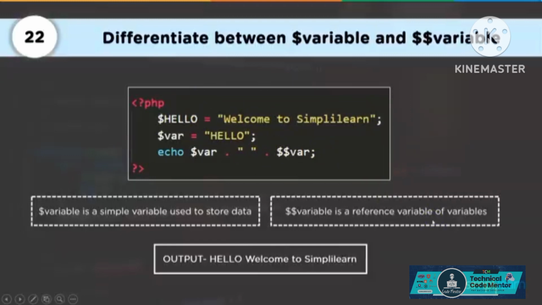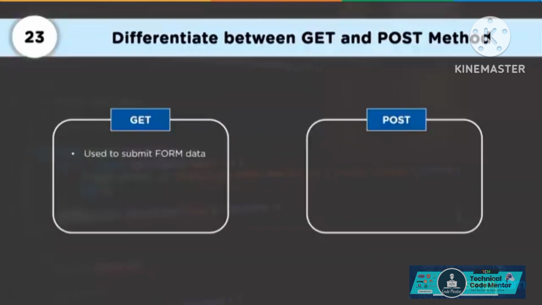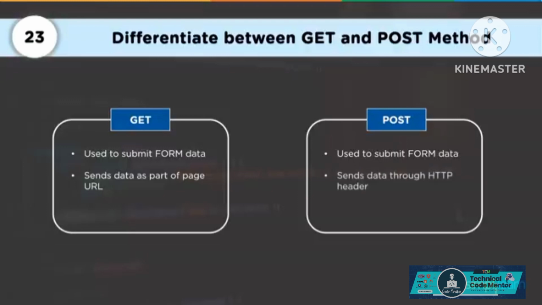Next, differentiate between get and post method. Now, get method is used to submit form data, while post method is also used for the same feature. The difference between them is that get method sends data as part of the web page URL, while a post method sends data through the HTTP header.